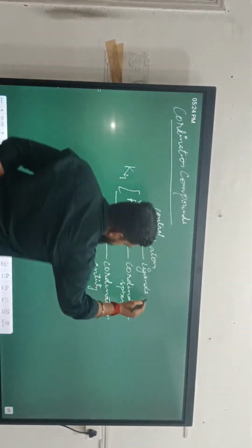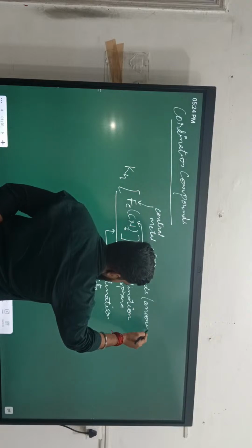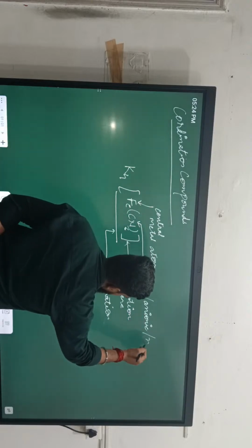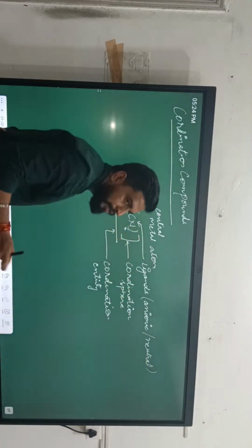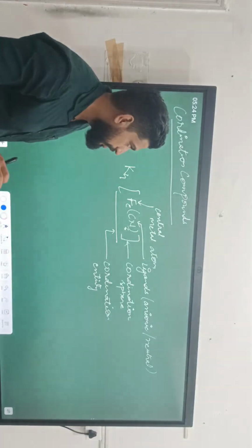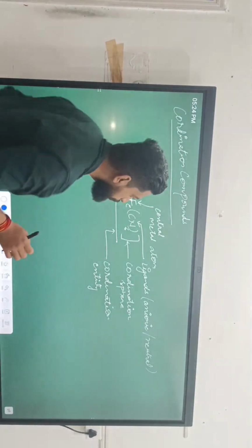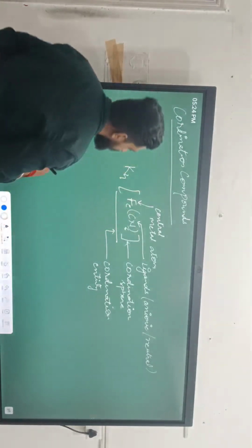It may be anionic or neutral. The point to remember is that ligands can never be cationic. They will be either anionic or neutral, which means they will have a charge either negative or no charge.